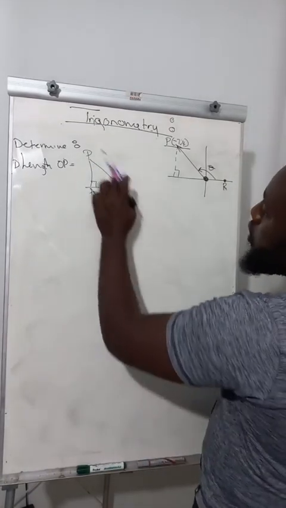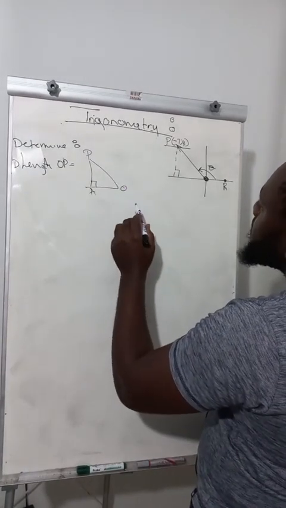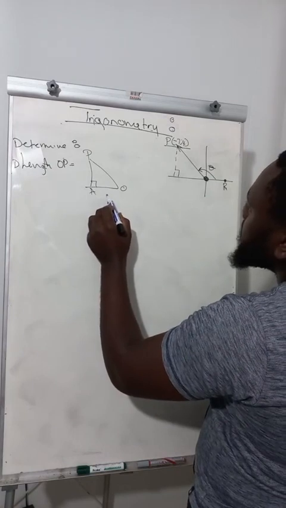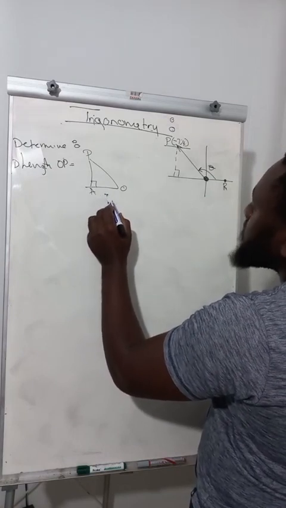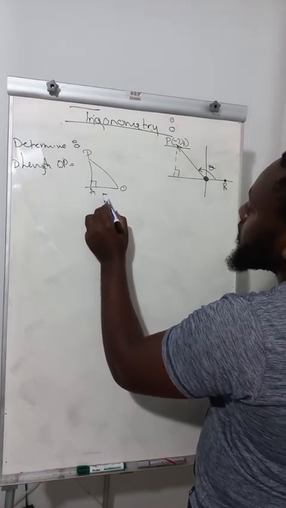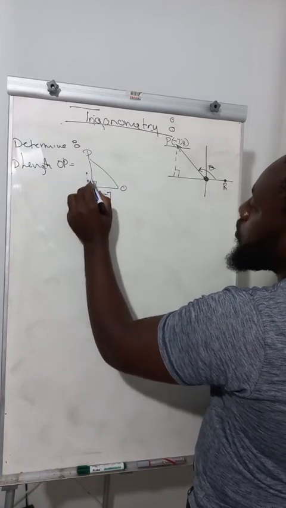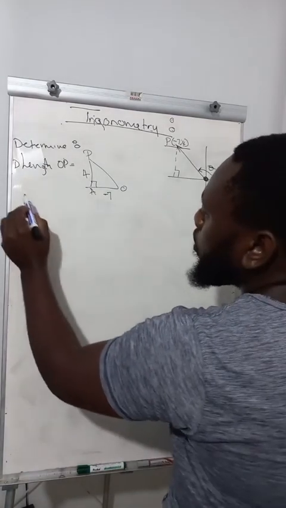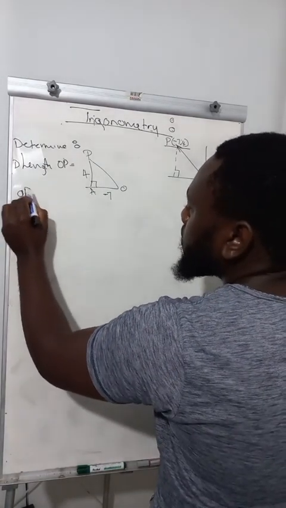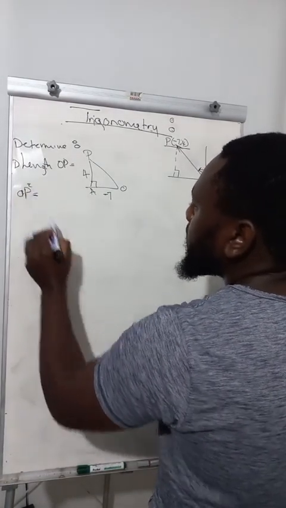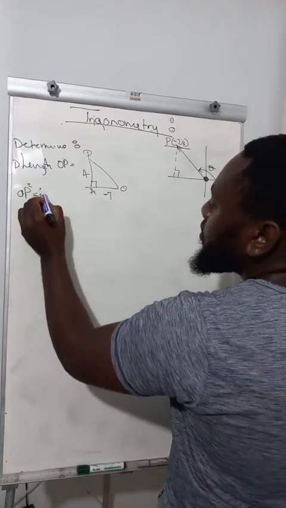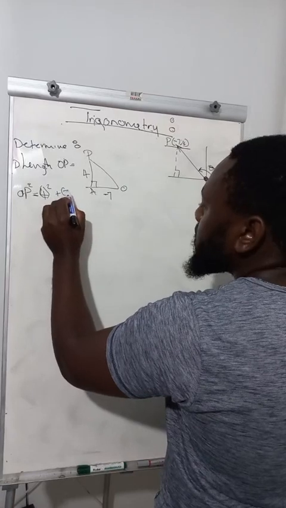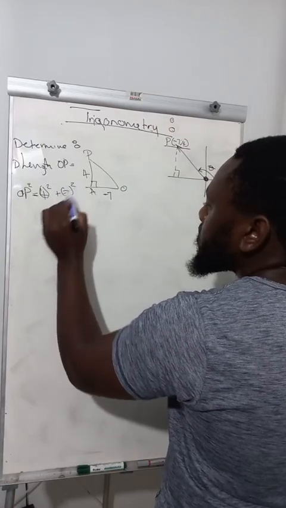So when they say OP, this is X here. So x is -7, and y here is just a 4. Now OP squared is equal to 4 squared, let me place in brackets, plus -7 squared.